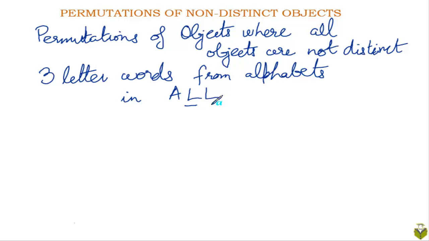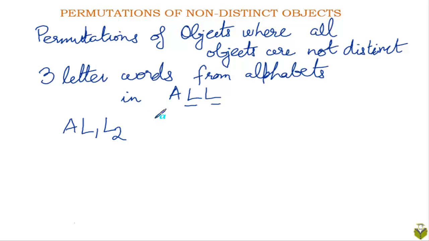The two L's are same, so these are not distinct objects. You have A and L, so we don't have distinct objects, and we only covered permutations for distinct objects. So let us consider the case if they were distinct, and each L I will consider to be distinct and call it L1 and L2.